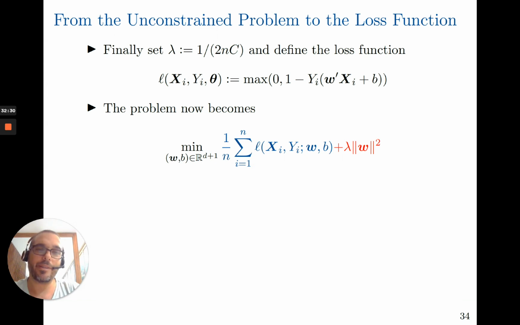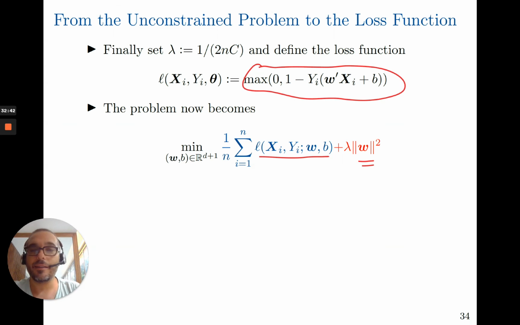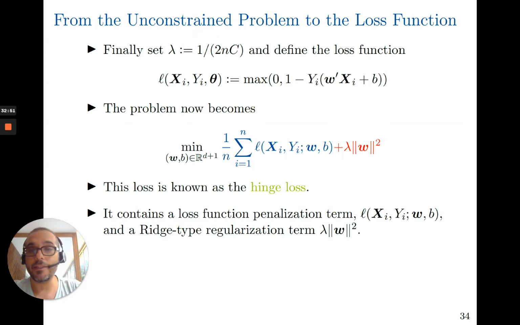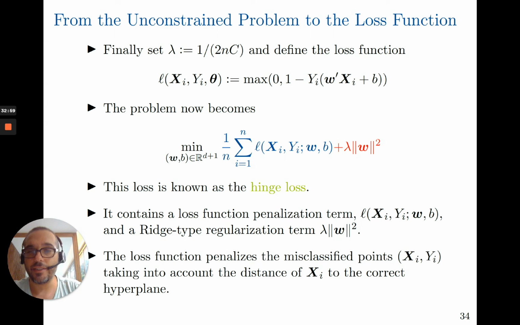So we are penalizing the squares of the weights, and we have a different loss function that is given by this expression. So it looks like a ridge. This loss function is called the hinge loss, and it includes a ridge type regularization. So this loss function penalizes misclassified points, taking into account the distance of x to the correct hyperplane.